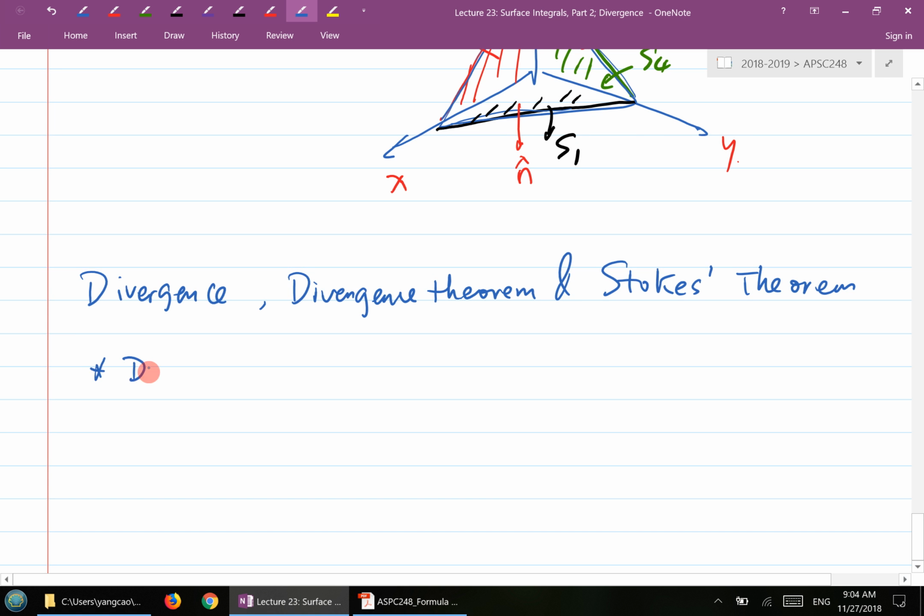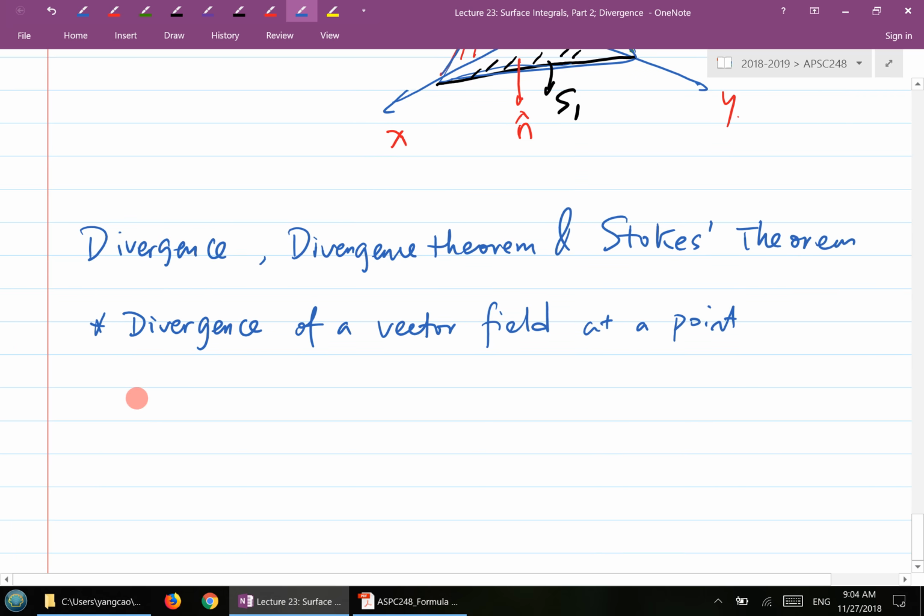Okay, so the first concept is the divergence of a vector field at a point. Now this is a new concept. I'm going to write down the definition first, and then we'll look at what exactly is the physical meaning this divergence is giving us. The definition is very straightforward.